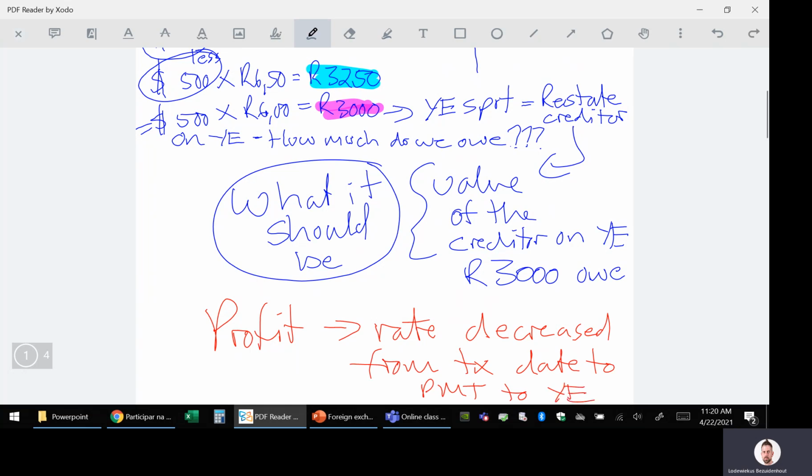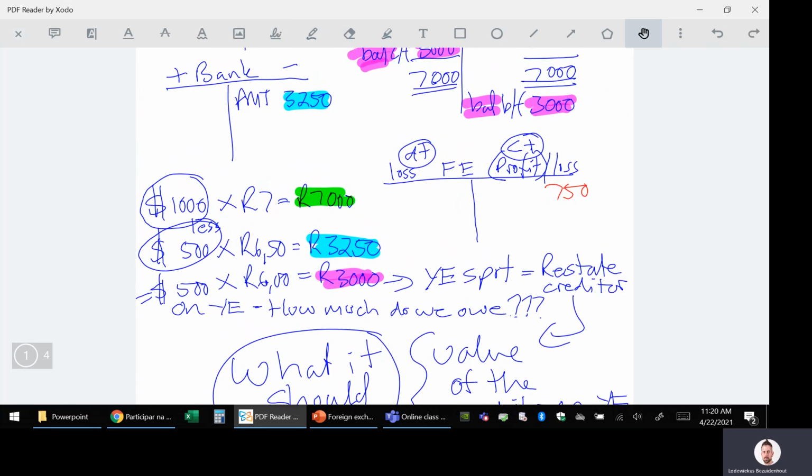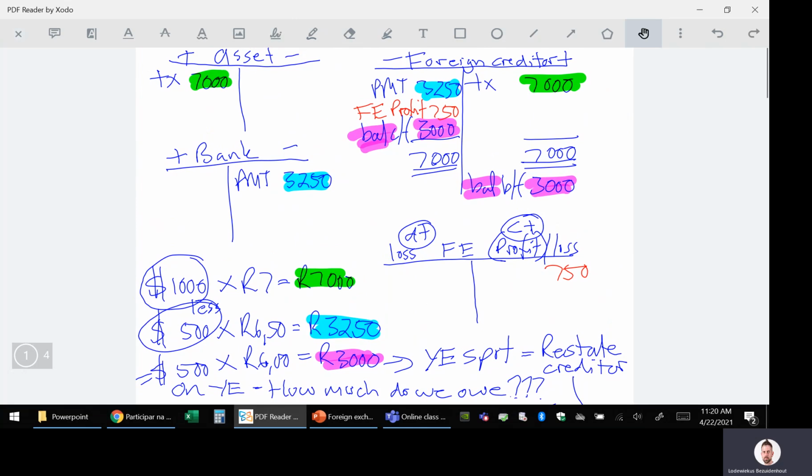Because the transaction date, the rate was 7. When we made the payment, it was 6.50 Rand. And on year end, the rate is still lower and it is 6. So there's a decrease in the rate from each of the transactions. So that means we will owe less and we have to make a foreign exchange profit.